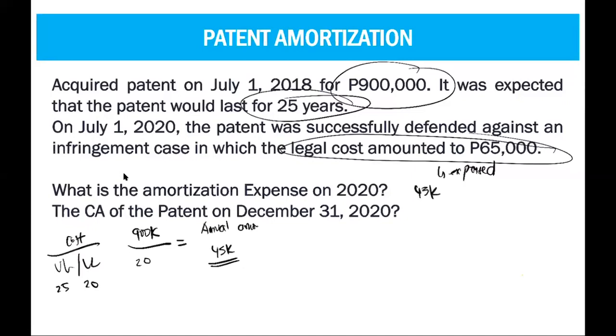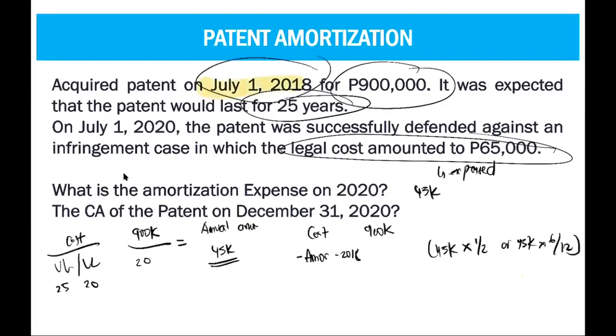So what is the carrying amount on December 31, 2020? So our cost is 900,000, right? And there is an amortization on 2018. Since we purchased it on July 2018, that is only one half. 45,000 times one half, or 45,000 multiplied by 6 over 12, because the purchase date is July 1, 2018. So how much is that? That is 22,500. We have another amortization on 2019 since 1 year, 45,000.